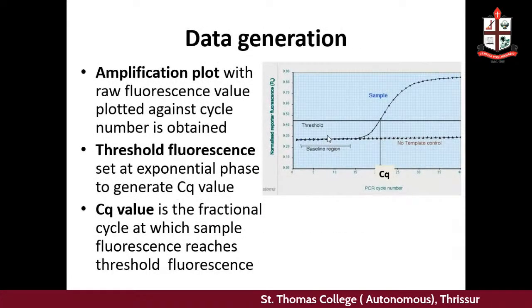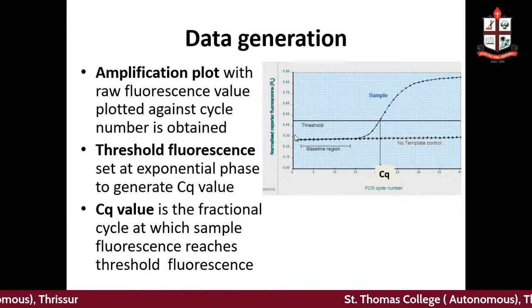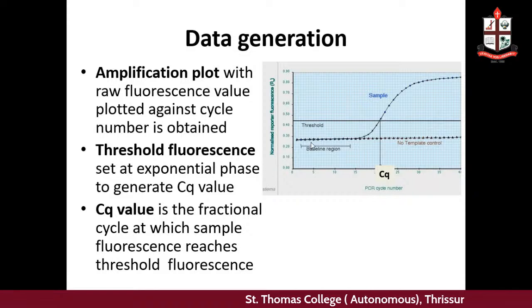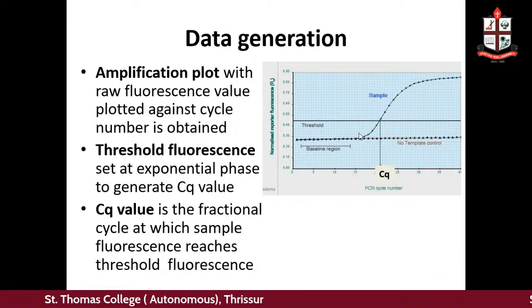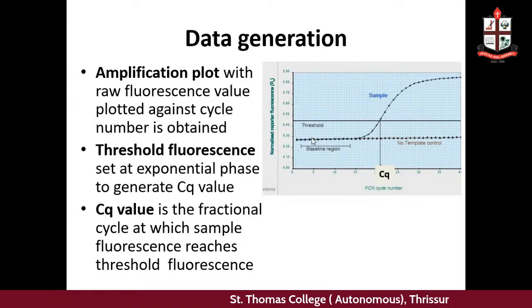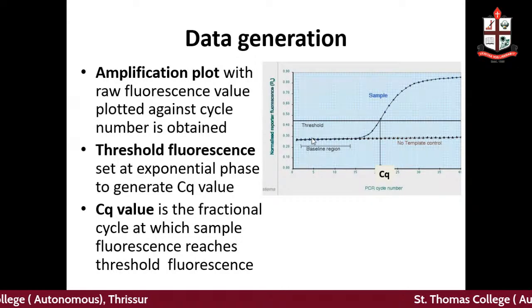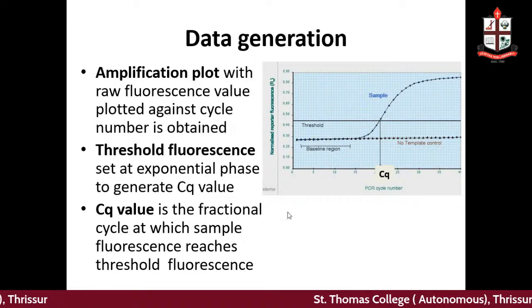If the initial copy number of that particular gene is higher in your sample, then your sample will take fewer cycles to reach the threshold fluorescence that you have fixed. And if in another sample the copy number of the gene is lower, then that PCR reaction will take more cycles to reach the same threshold.